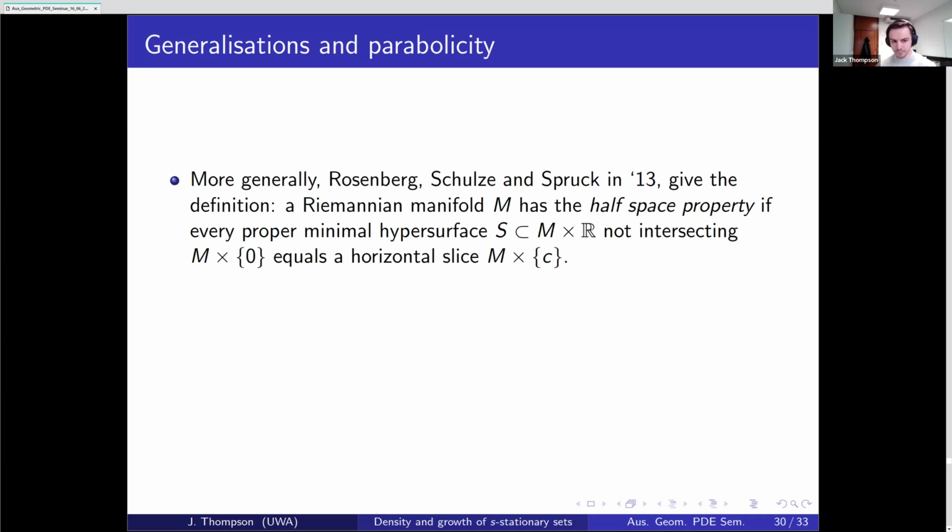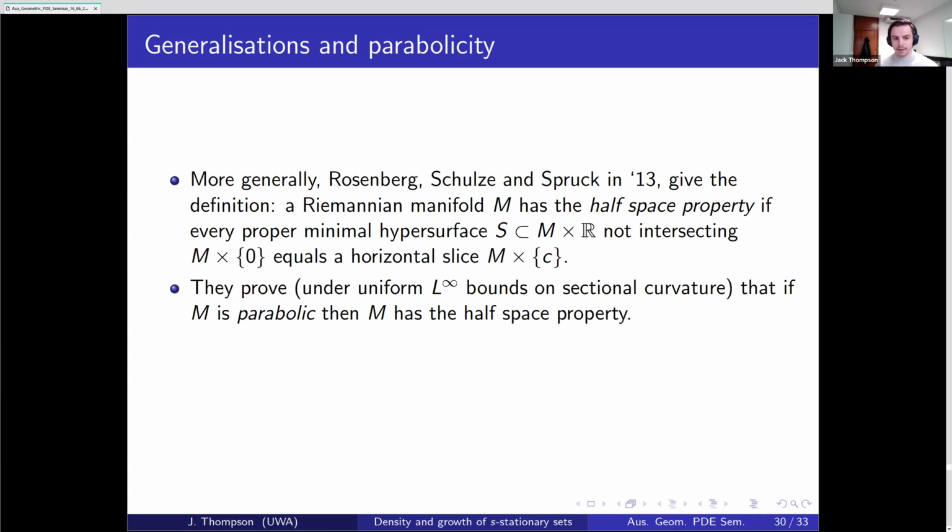And they prove, under uniform L infinity bounds on sectional curvature, that if M is parabolic, whatever this means for a second, then M has the half space property.